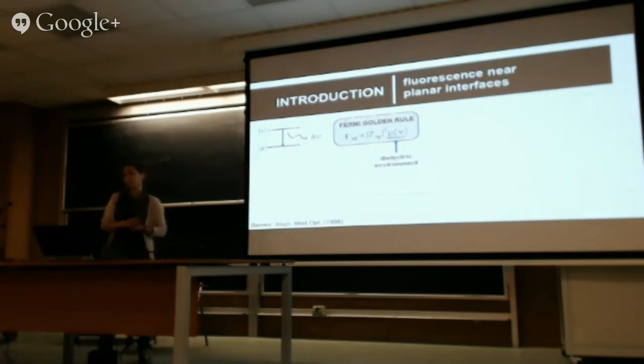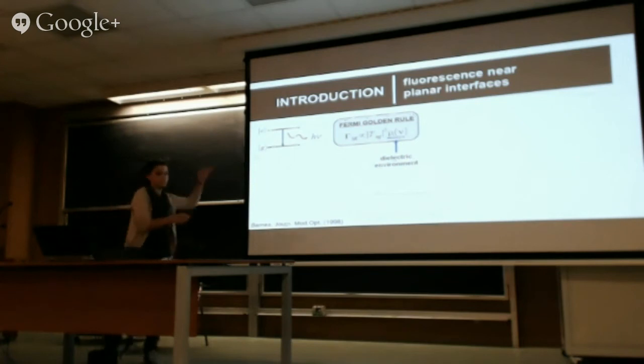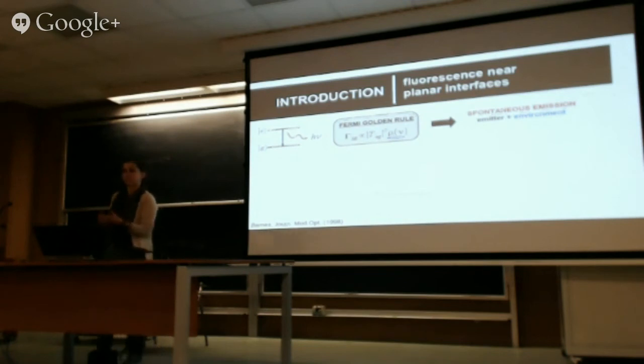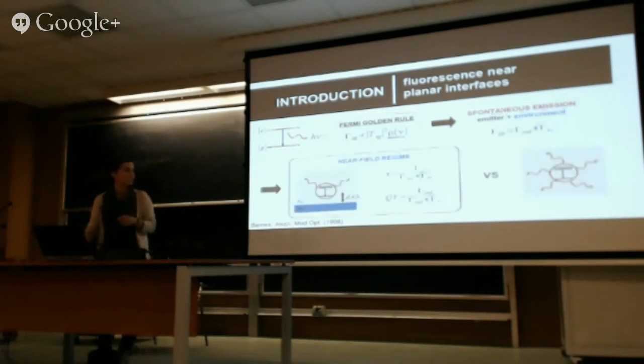This term, in particular, is determined by the dielectric environment in which the emitter is embedded. This means that spontaneous emission is a property of the coupled system emitter plus environment, rather than an intrinsic property of the emitter. That's what we were saying also before.